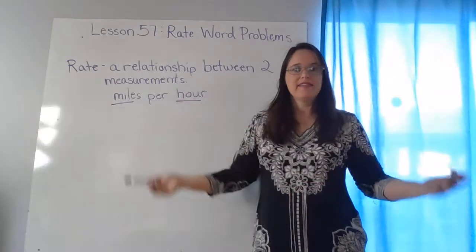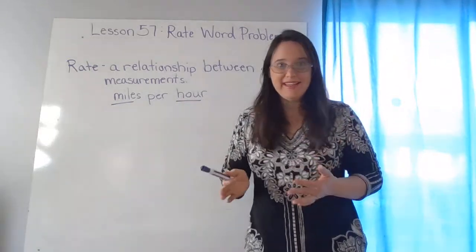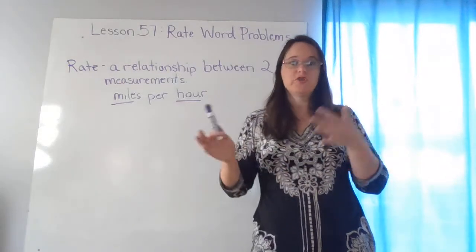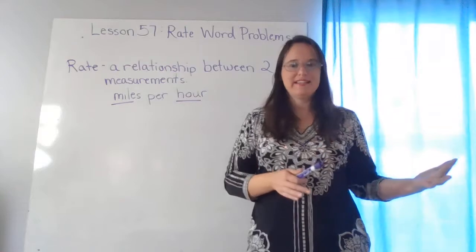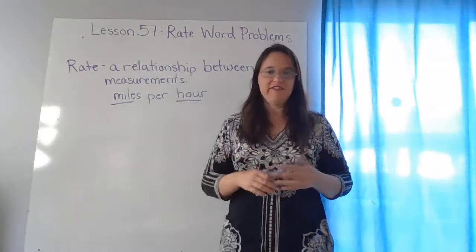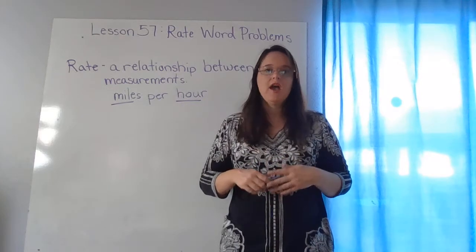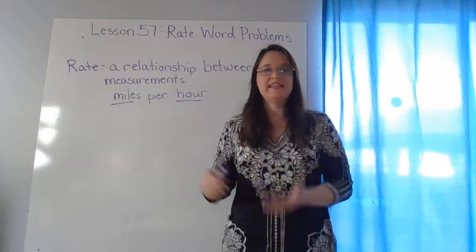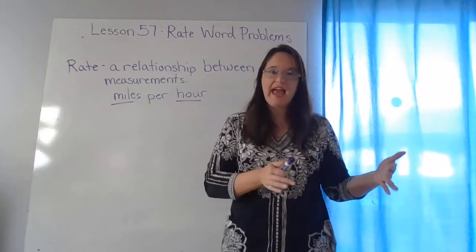Miles per hour. That's how we measure the rate your car drives. We call it speed. If I'm going 20 miles per hour, that's my speed, but it's also the rate of how fast your car can drive. People who work usually get paid in dollars per hour.